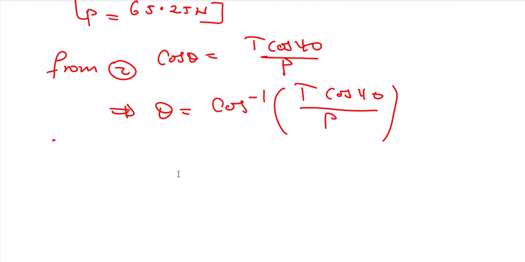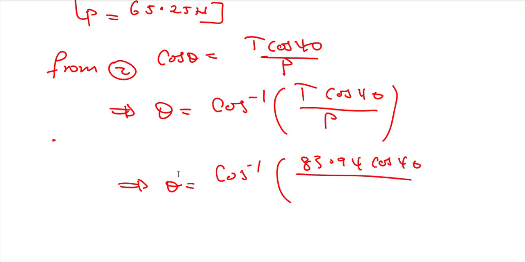So theta will be cos inverse of 83.94 cos 40 divided by P, 65.25.